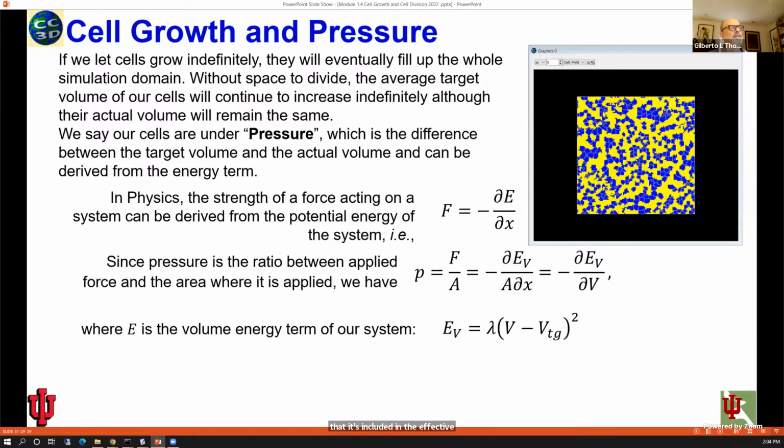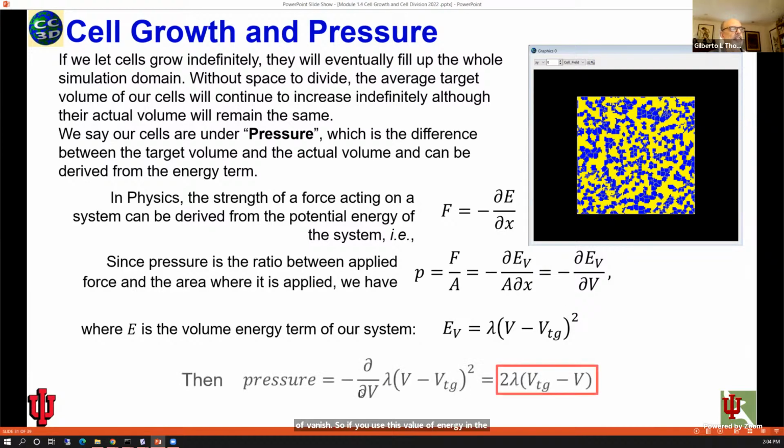When we include the volume plugin, you are including this kind of term in the calculations of the variations of energy. So if you use this value of energy in the expression above, the derivative acts on the actual volume, that volume that varies in time.